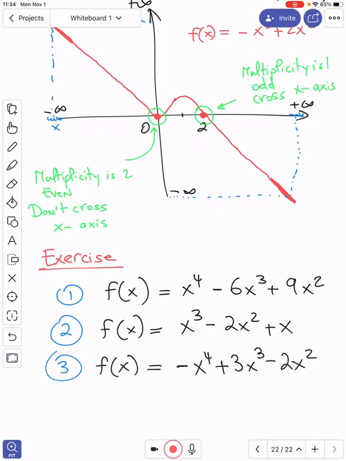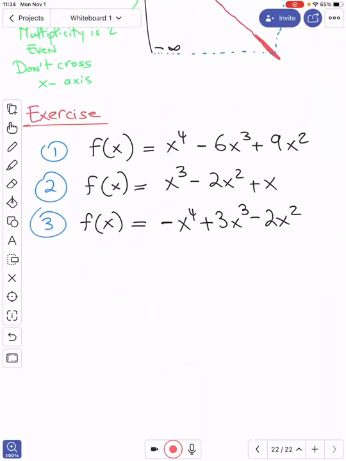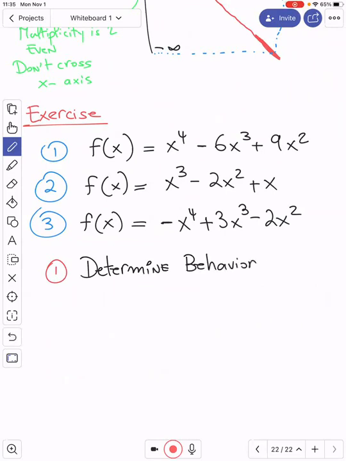All right. So what we need to do, guys, is the following. First, you need to determine the behavior at infinity, of course, just from the degree and the sign of the leading coefficient.